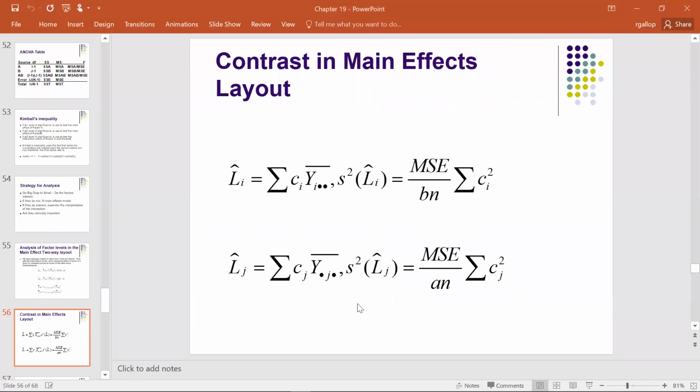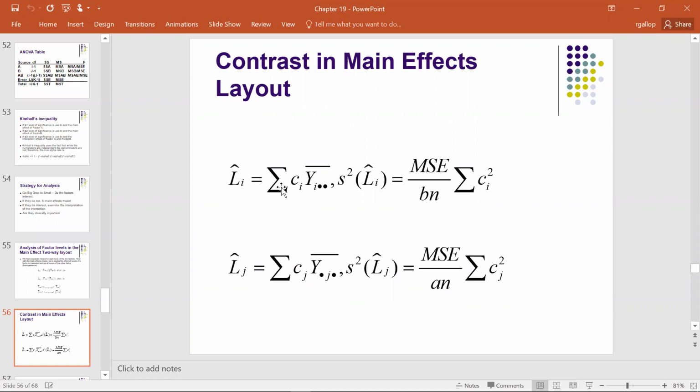So video 6, we left off right at slide 56, where now we want to do basically what we did in the previous chapter, chapter 17, where we start defining linear contrast. Now, the linear contrast can either be in terms of the main effects.